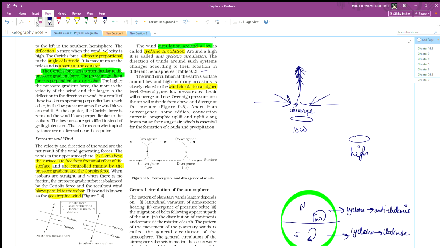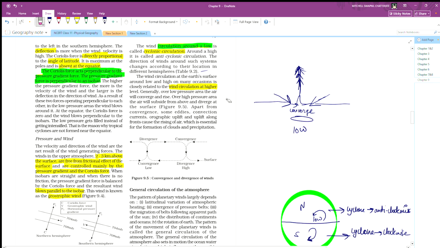Wait. The thing is, I'm doing it wrong. Somewhere I did wrong. Yes, I got it. Basically, low is here because low pressure means it's already at some altitude. Low atmosphere, low pressure layer.